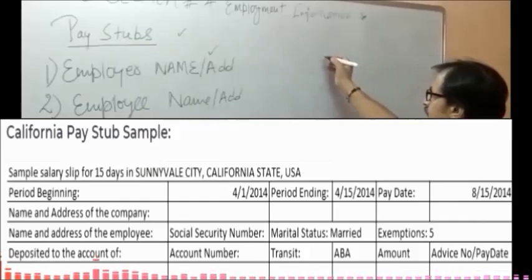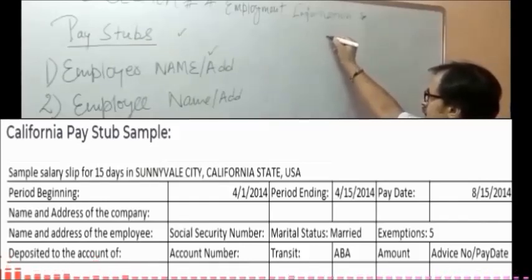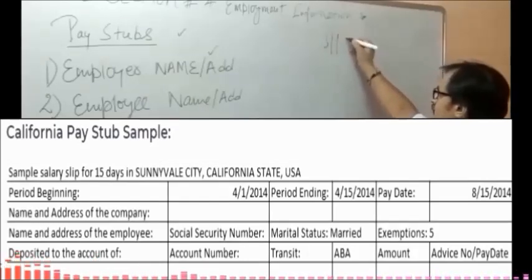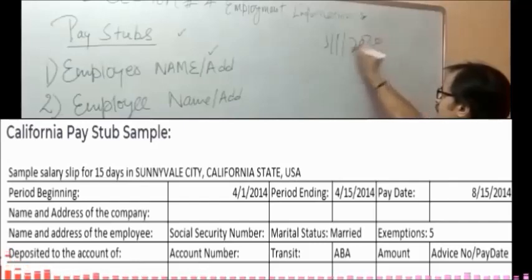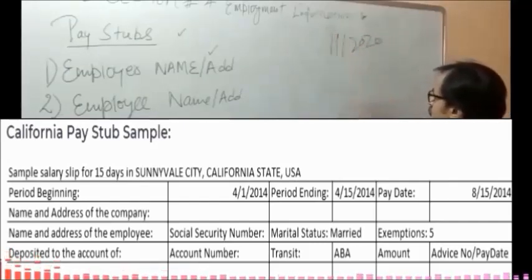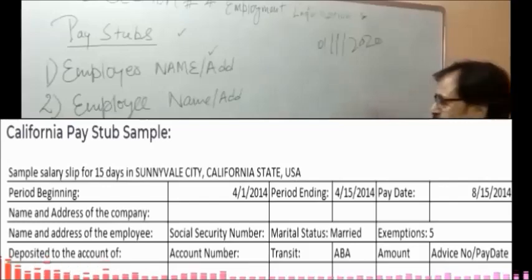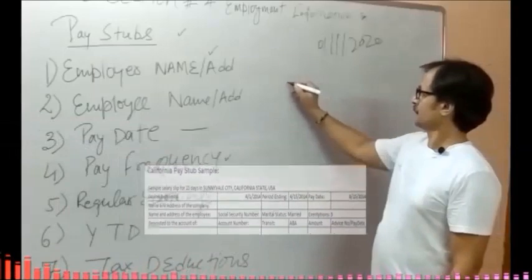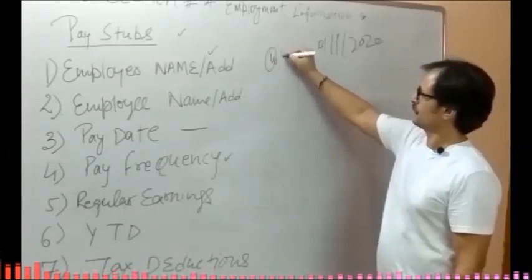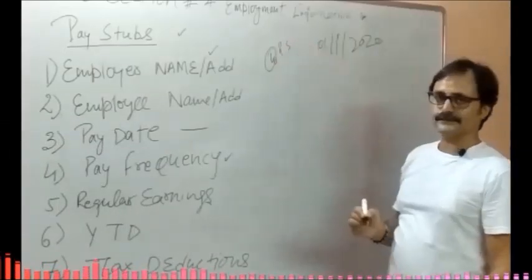There is a pay date written on the pay stub, like 1/1/2020. That means January 1, 2020, and the borrower gave us 4 pay stubs.